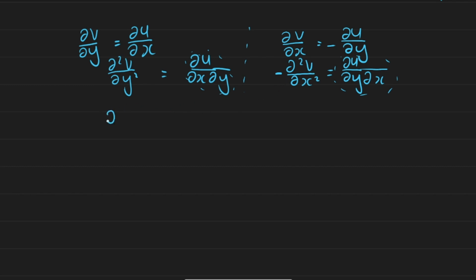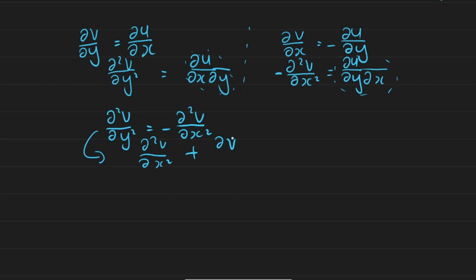That means d squared v dy squared is equal to minus d squared v dx squared. Of course this implies that d squared v dx squared plus d squared v dy squared is equal to 0. So we have shown that v is a harmonic function.